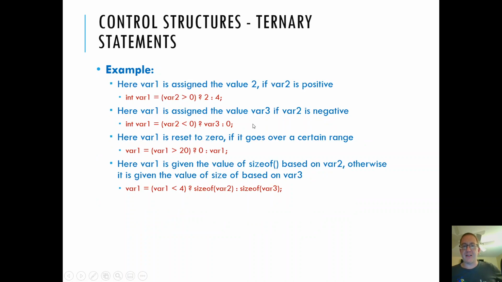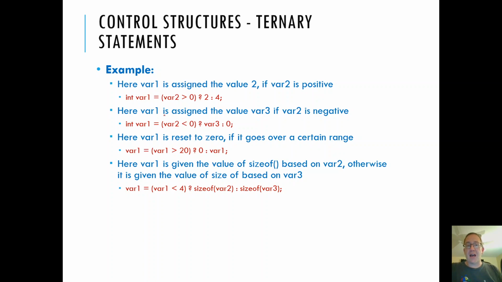And the easiest thing to look at is actually just an example. So var1 is equal to, if var2 is greater than 0, var1 is going to be equal to 2. Otherwise, var1 is equal to 4, right? So if var2 happens to be positive, if var2 is positive and not 0, then var1 is going to be equal to 2. Otherwise, var1 is equal to 4.